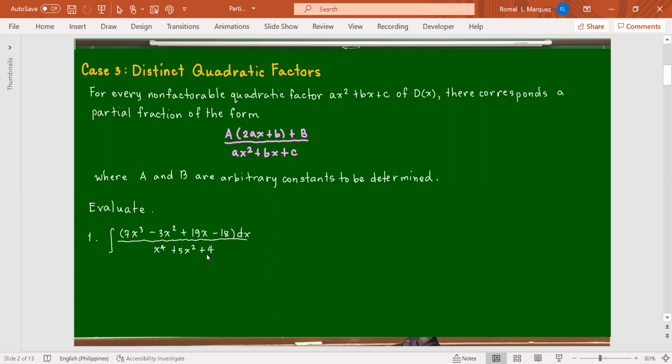First, let us check if this integrand is a proper rational function. The degree of the numerator is 3, while the degree of the denominator is 4. So this is a proper rational function.